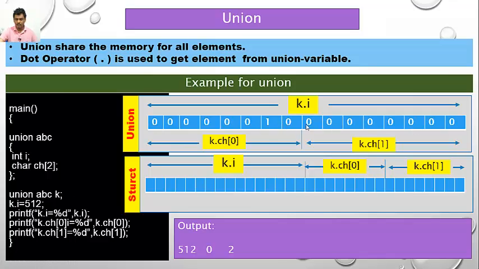The binary of 512 is 1000000000, and the previous locations are 0. If we assign 512 to k dot i, it is converted into binary and then stored.